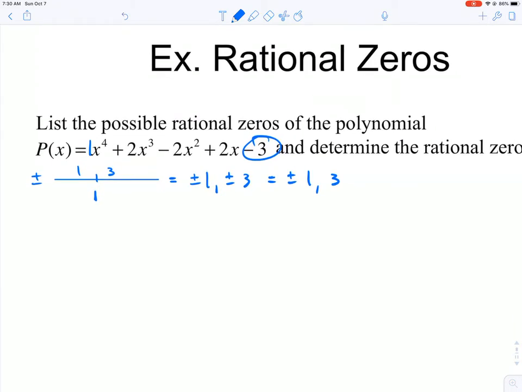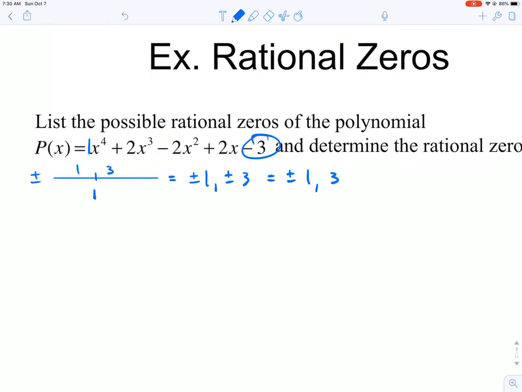So then you can take those possible rational zeros and you can test whether or not they're zeros with synthetic division. You could also evaluate the polynomial at those numbers to see if you get 0. But if our goal is to factor a polynomial completely, which is what it usually is, then we want to test using synthetic division.